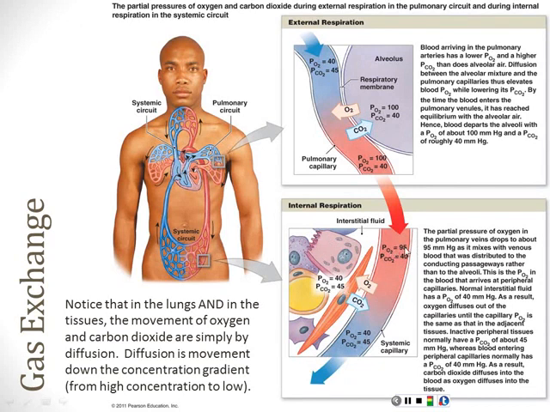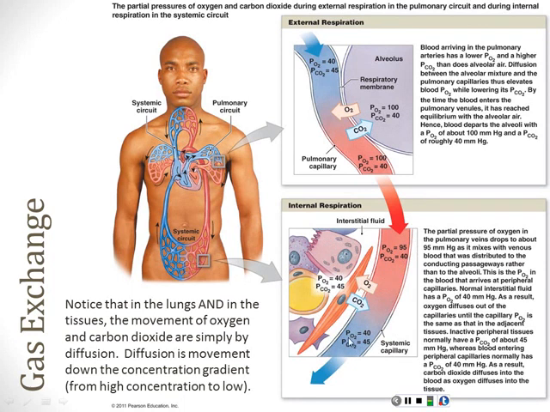So 95 is greater than 40, and we know that oxygen is always going to flow towards the lower number, right? So oxygen is going to move out of the blood at the tissues, and CO2 is going to move in because we have a PCO2 of 40 in the blood, 45 in the tissues, so CO2 is going to move in.